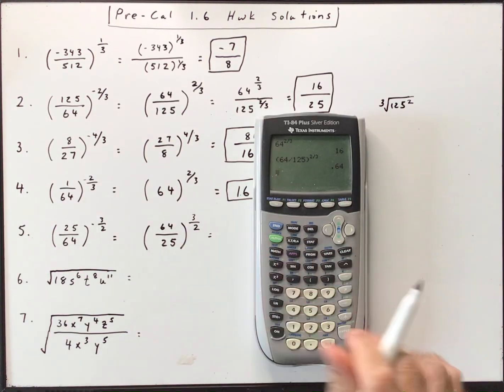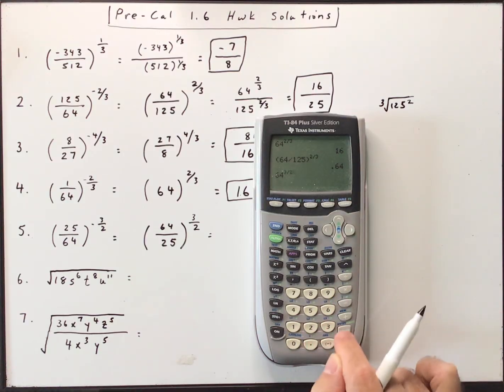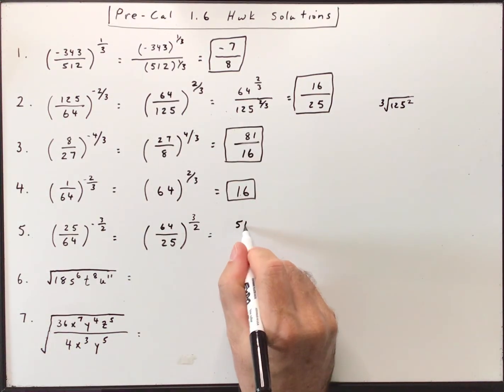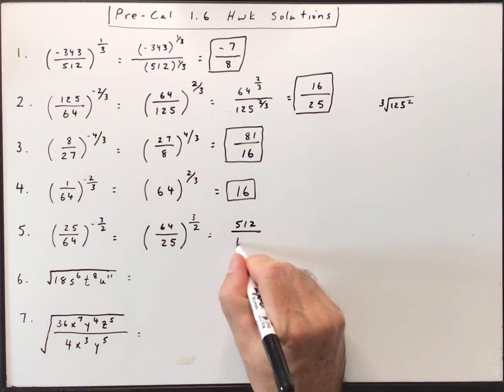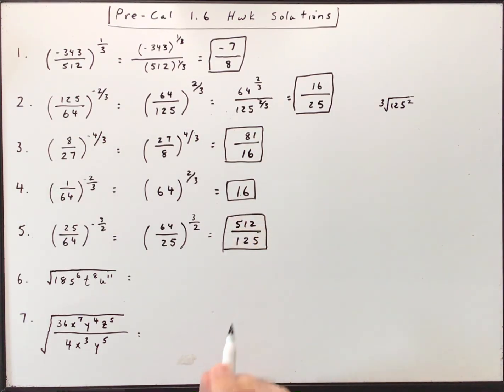So we'll go ahead and raise 64 to the 3/2 power, and that's 512. All right, the square root of 25, see 2 goes in the crook of the radical. Square root of 25 is 5, and then 5 cubed is 125. So again, you can use your calculator on that if you need to.